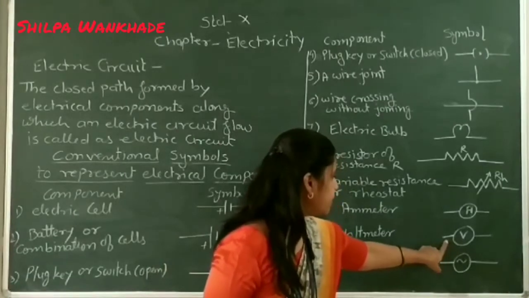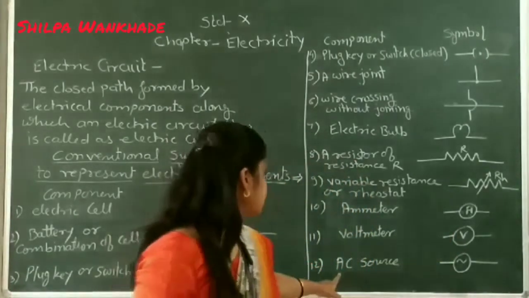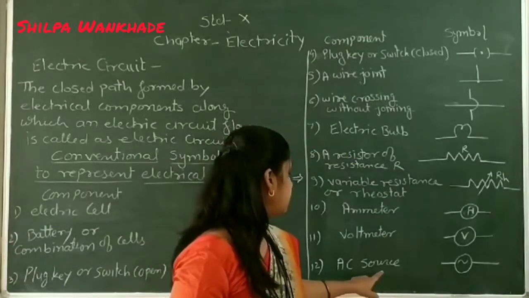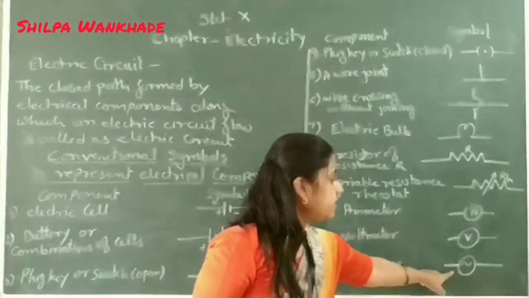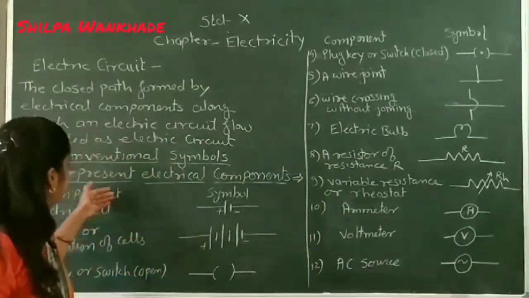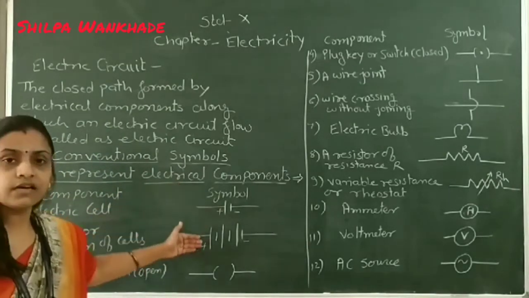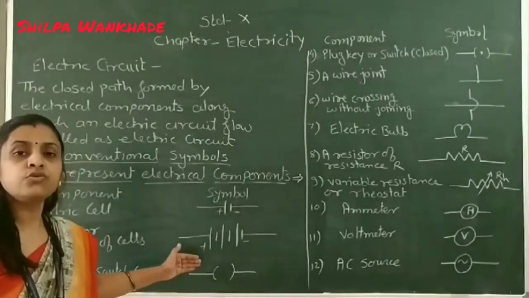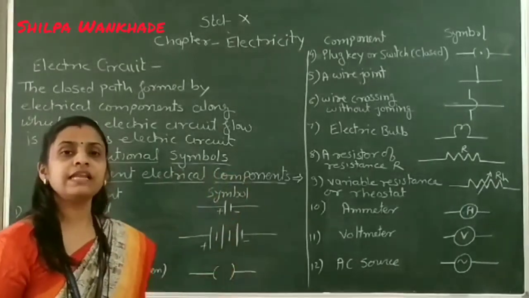The symbol of the voltmeter is like this. And if we are directly using the AC source, then it is represented by this symbol. So these are the conventional symbols to represent the electrical components used in an electric circuit.